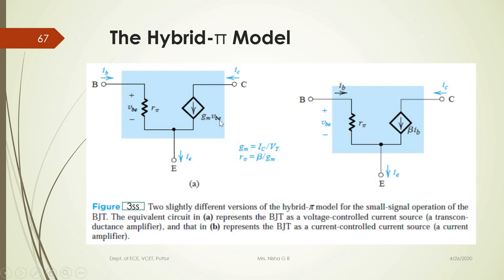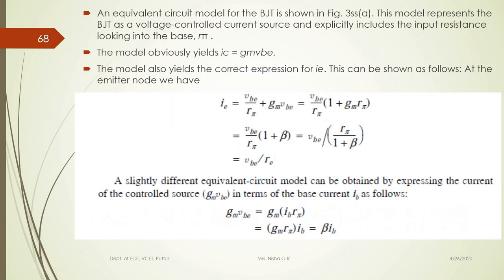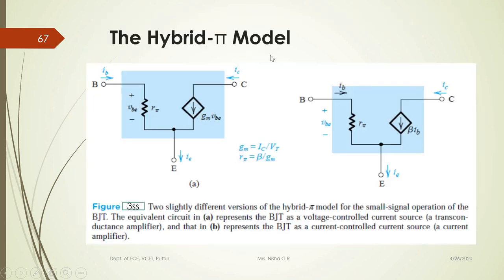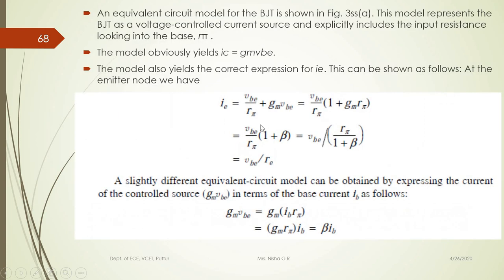All in small letters means it is the AC component we have represented in the figure. So this particular figure yields IC, the collector current, as GM into VB, right? Transconductance into VB. See, IC is equal to GM into VBE.